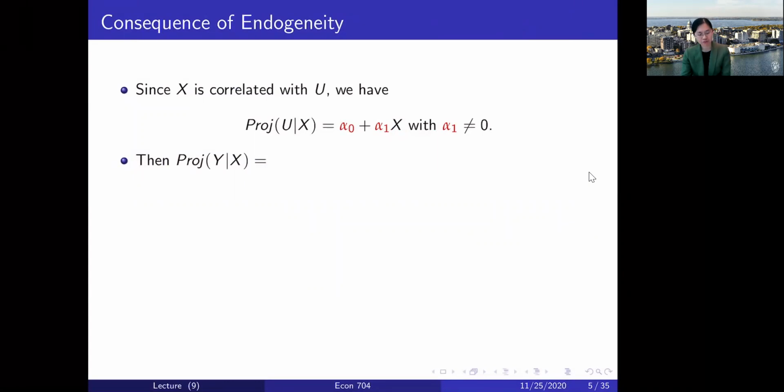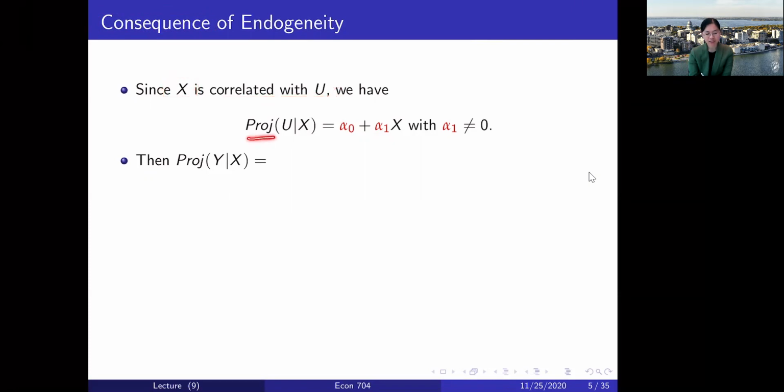We first show that OLS regression of Y on X will not give us a consistent estimator for the causal effect when X is endogenous. So that's the consequence of endogeneity. Suppose X is endogenous, that is, it's correlated with the error term u.